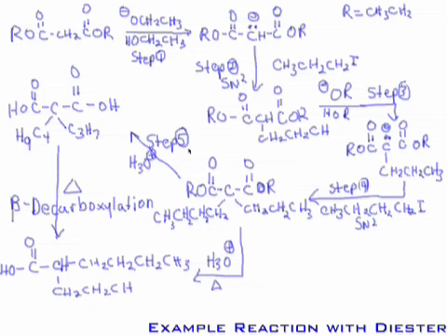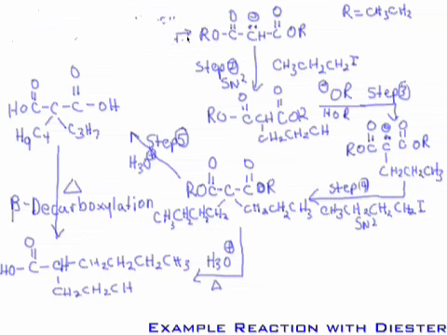I do believe, however, it's worthwhile looking at the beta-decarboxylation step one more time for a molecule that has two R substituents here. And so, while we leave this last step up, I'm going to, at the top here, make some room, and just show the mechanism once again for that beta-decarboxylation step.